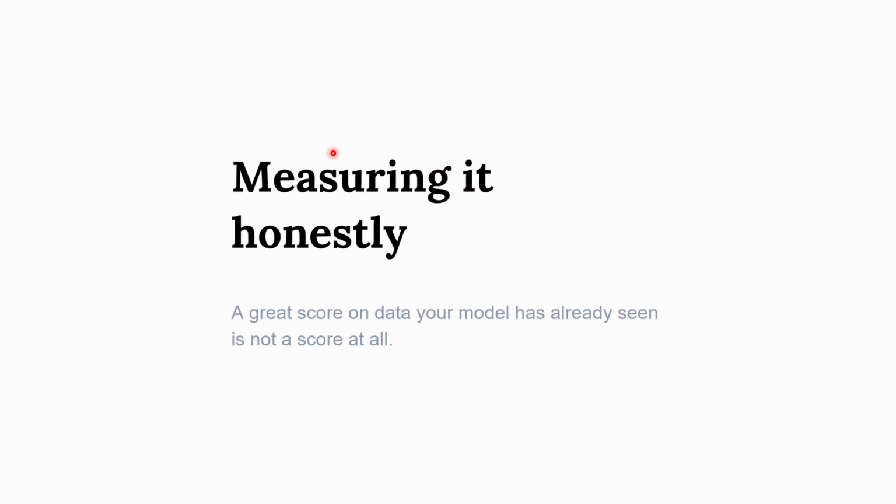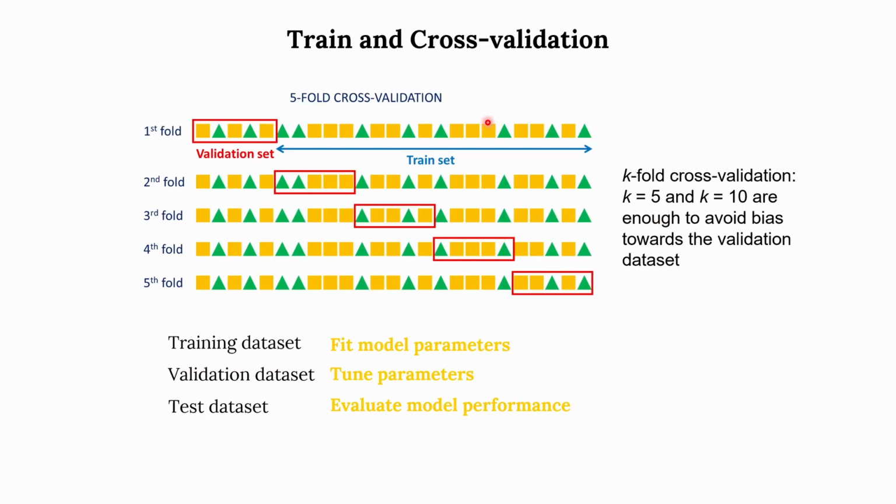How should you measure these metrics honestly, okay? A great score on your own data, your model, as already seen, is not a score at all. And in machine learning, a lot of people do this. So these metrics should be reported, especially for small data sets, using cross-validation. What is cross-validation?